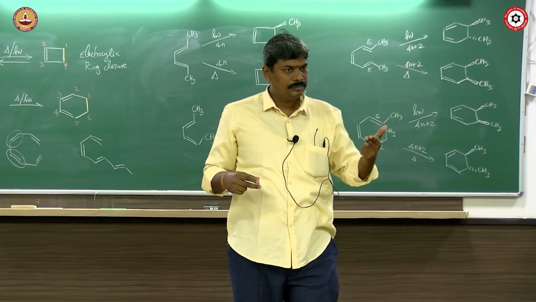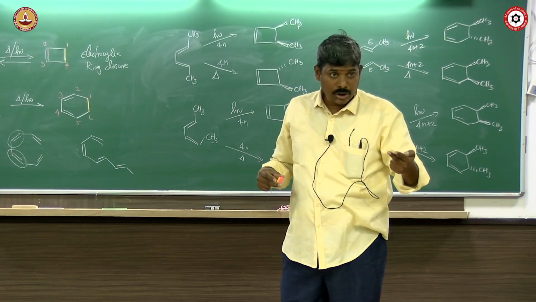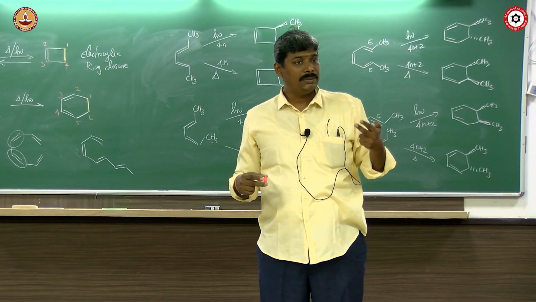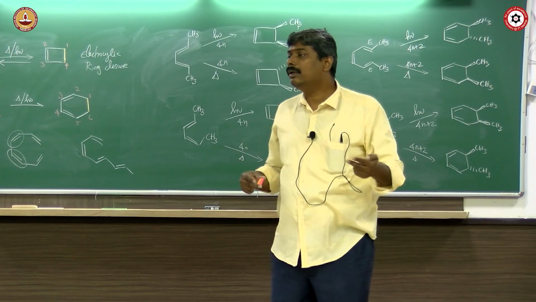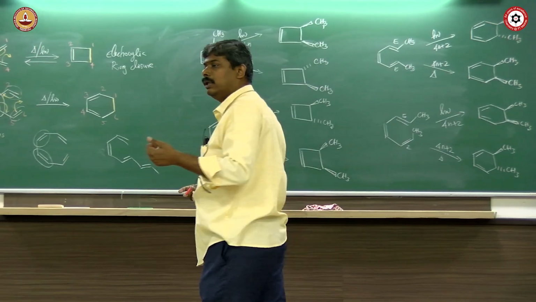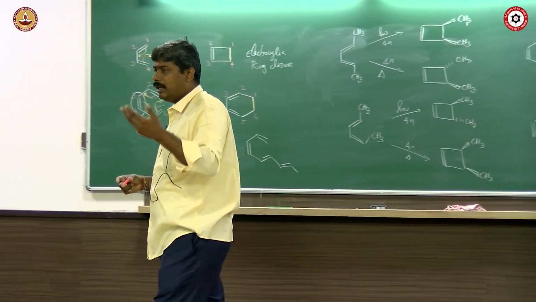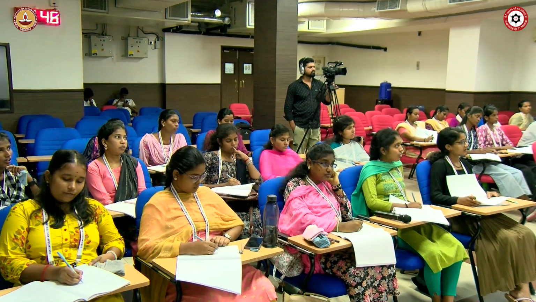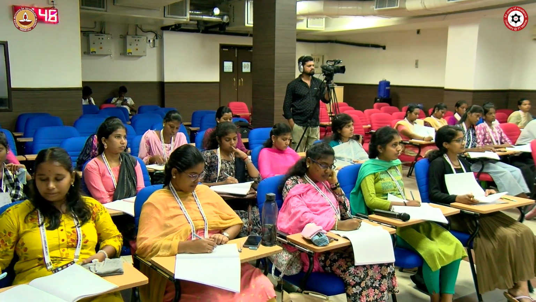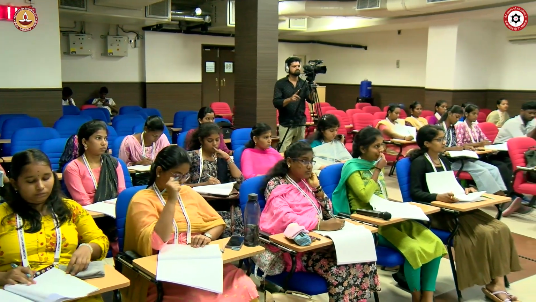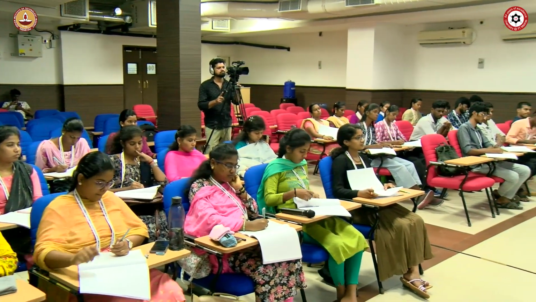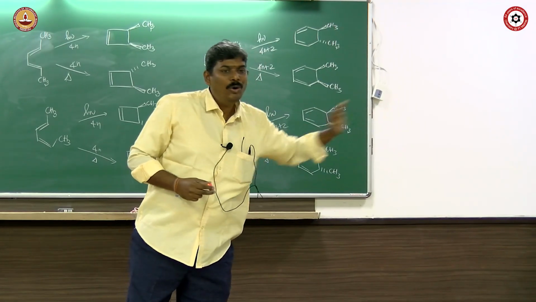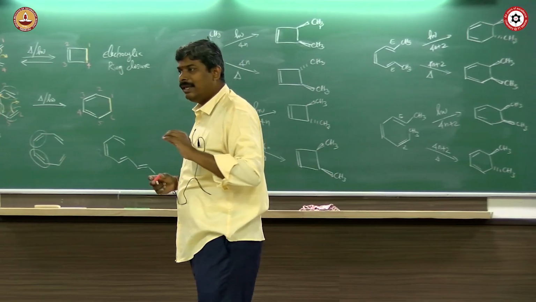The second is the number of electrons involved. Generally we classify it as either 4n or 4n plus 2. Then the third one is the condition, either thermal or photochemical, where you have a different observation. Now, this is an observation. This information is given. Now, how do I rationalize or predict?